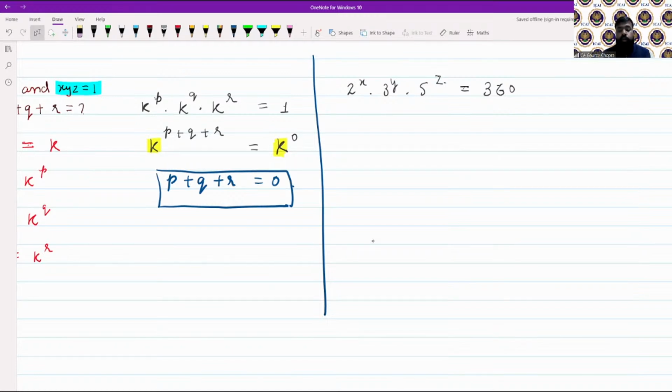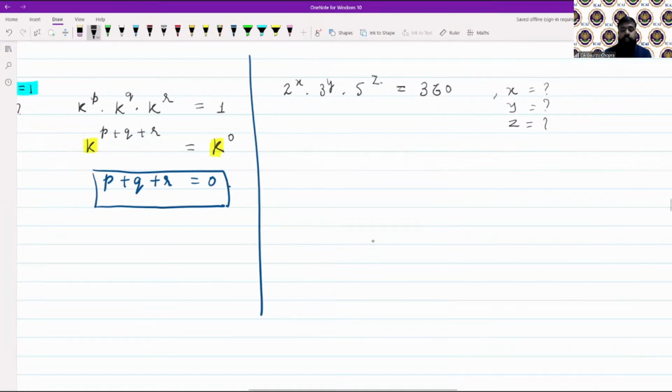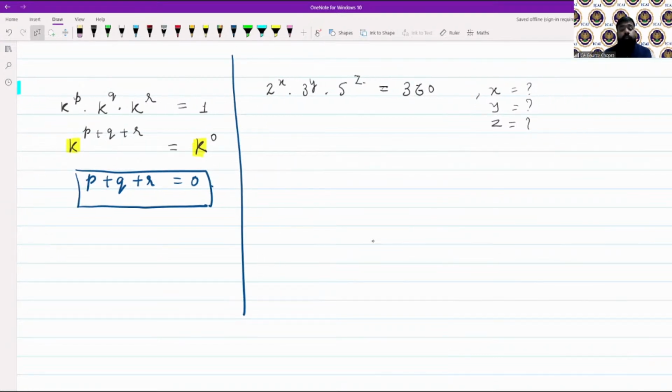Now, how to solve it and what is the requirement of the question? The question says find out the value of x, y, and z. We have to find the three values. Now, the first step is what? We have to do the prime factorization of 360. Now, how to do the prime factors? Those who don't know, let's do it on the screen.